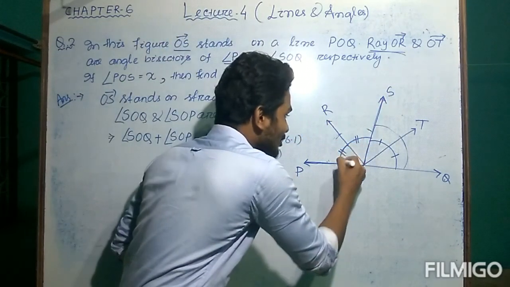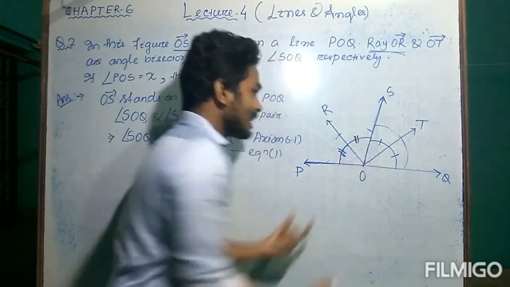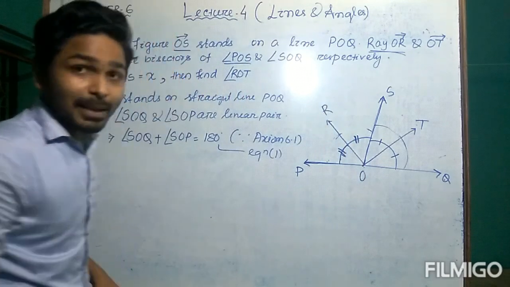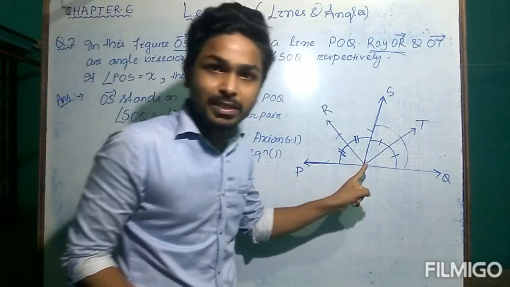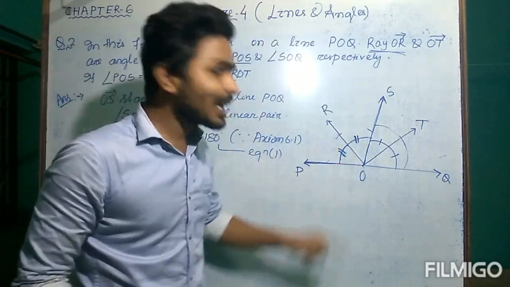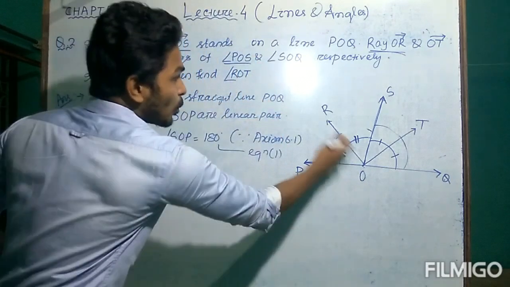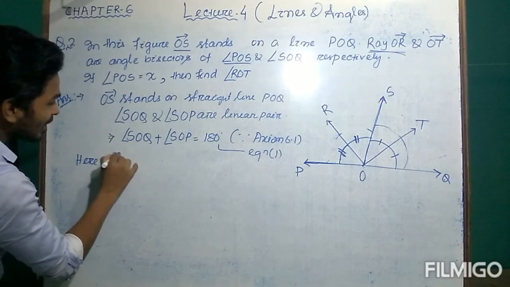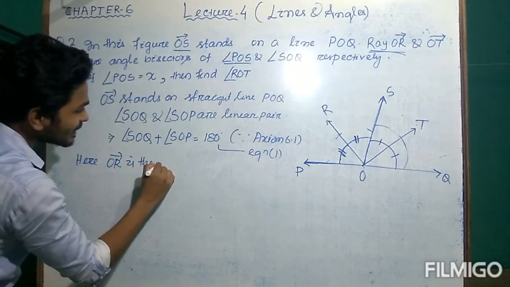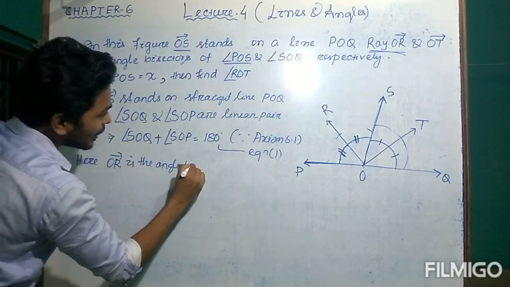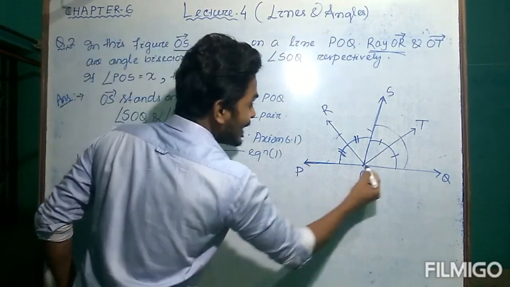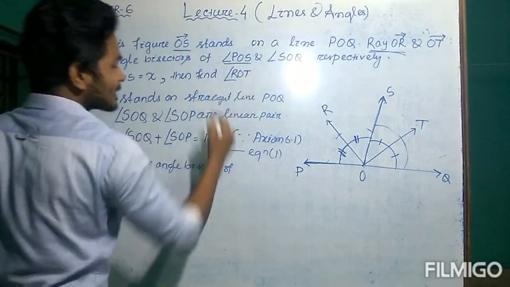That is why there is a symbol like this. It means this OR is the angle bisector. We already know what is the angle bisector. An angle bisector is the line which divides the total angle into two equal halves. So here OR is the angle bisector of which angle? Angle bisector of which angle? POS. Given that POS.